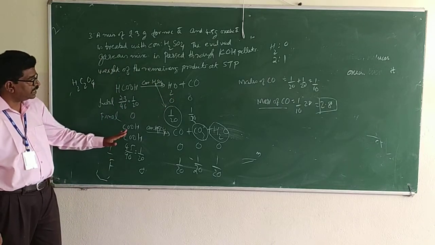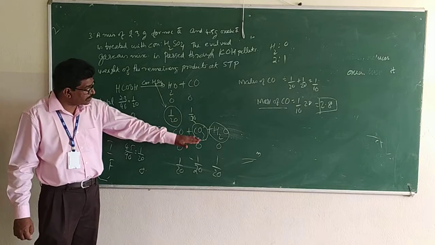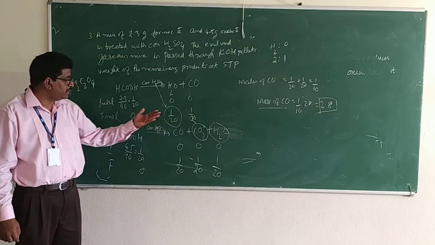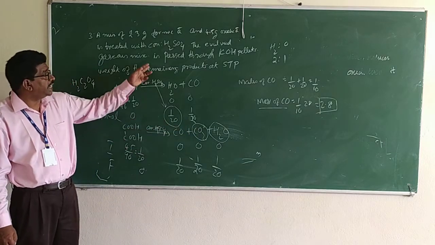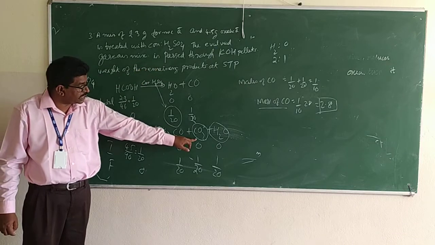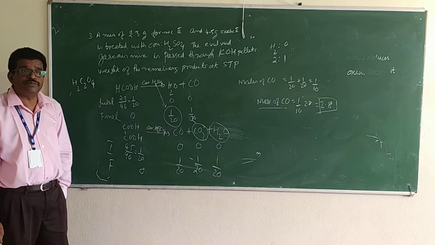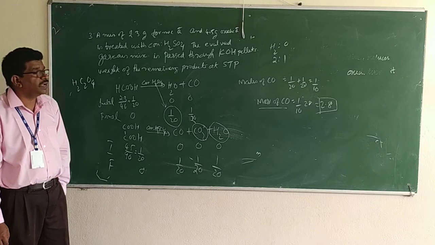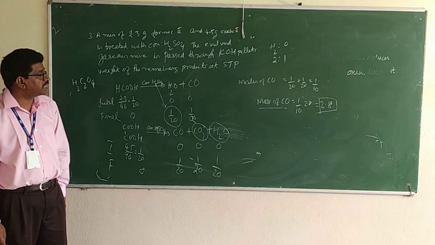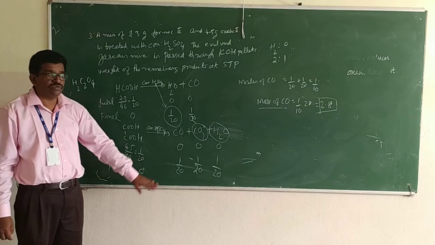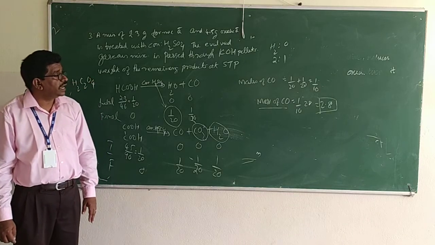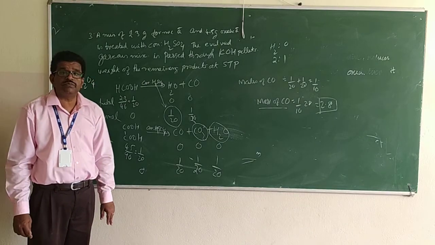From oxalic acid, the products are carbon monoxide, carbon dioxide and water. Water will be absorbed by concentrated sulfuric acid, and since it is passing through potassium hydroxide, carbon dioxide also will be absorbed by potassium hydroxide. So remaining will be carbon monoxide. The first case 1 by 20, second case also 1 by 20, totally 1 by 10, and mass will be number of moles into its molecular mass.